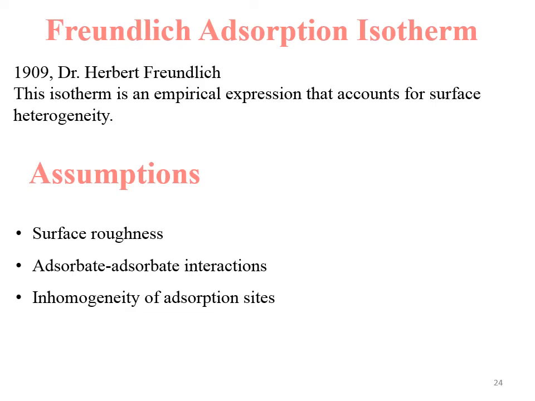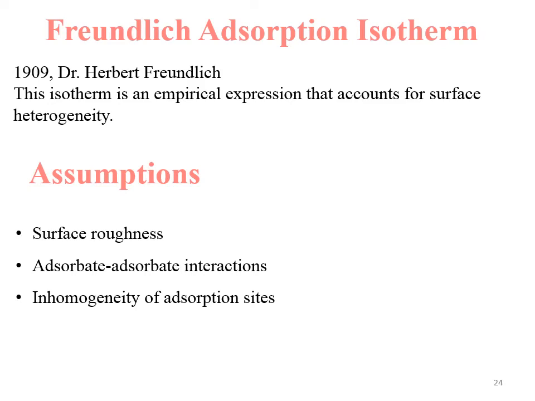Some specific assumptions which are considered in Freundlich adsorption isotherm can be stated as: it considers the surface roughness of the adsorbent material, and number two, it also considers the adsorbate-adsorbate interactions, because the adsorbate molecules, once adsorbed on the surface of adsorbent, can also interact with each other, and their interaction may have a significant effect on the process of adsorption or on the adsorption capacity.